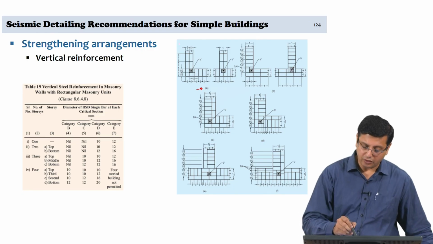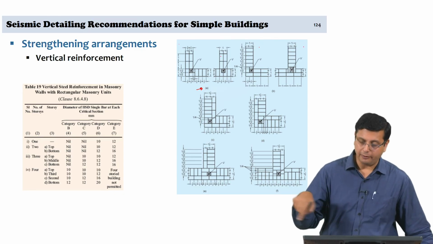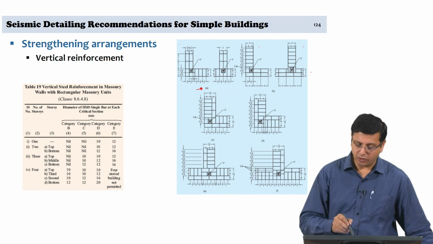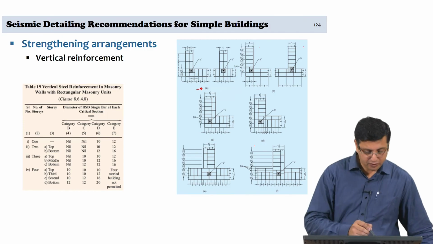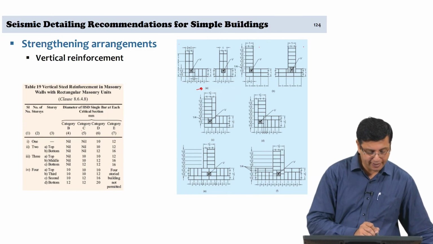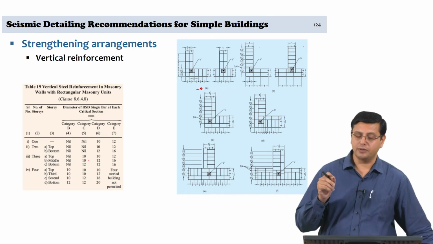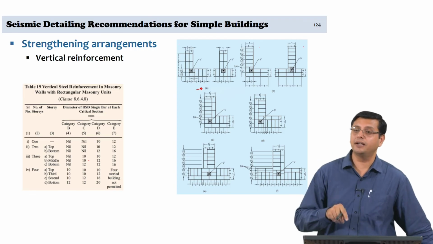So, odd course, even course for an L junction, odd course, even course for a T junction for a 1 brick wall, and then for a 1.5 brick wall and so on. You see that depending on the building category B, C, D or E, the number of reinforcement bars and the size of the reinforcement bar are prescribed for these vertical tie columns.